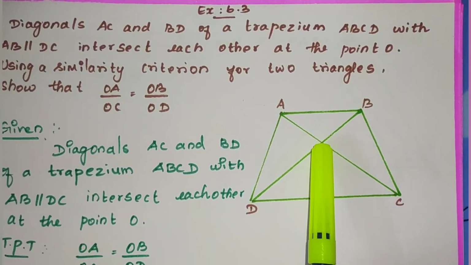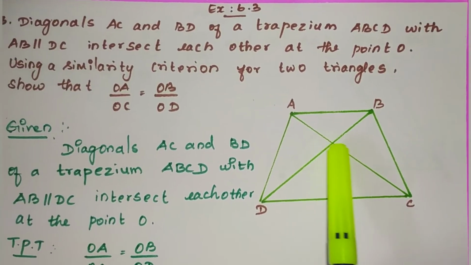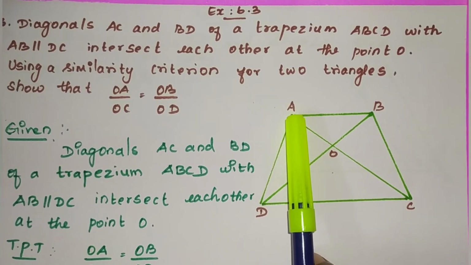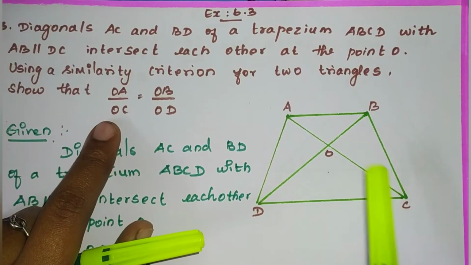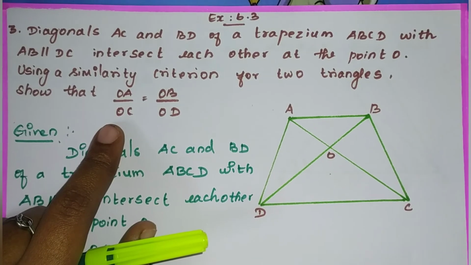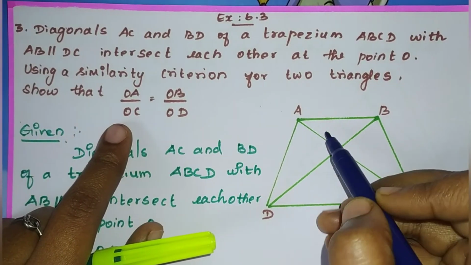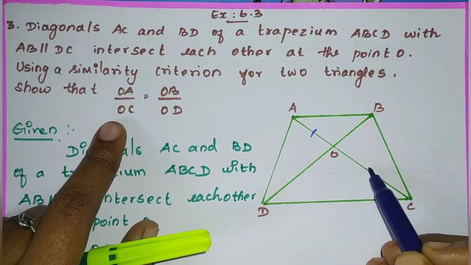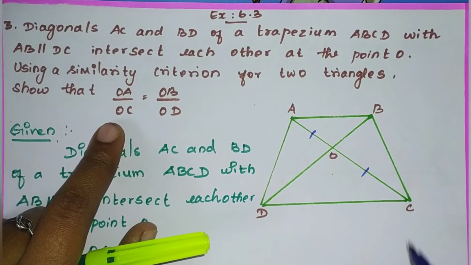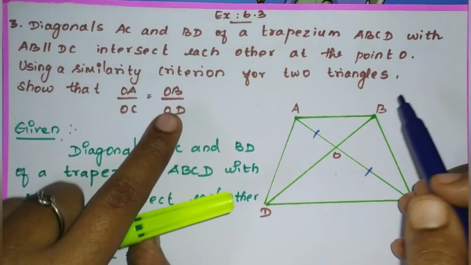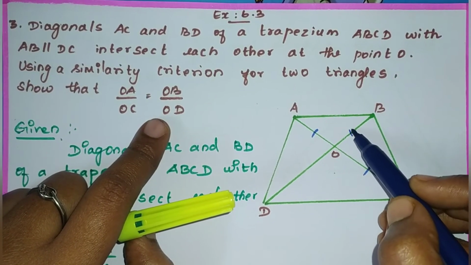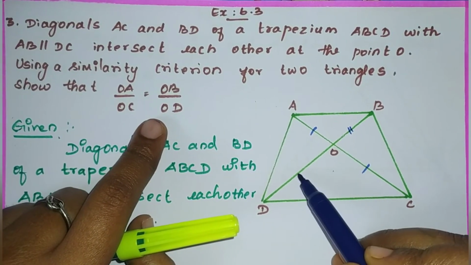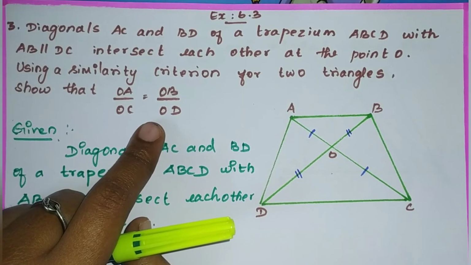So we have to identify the triangle first. OA divided by OC. So this side and this side. This side of one triangle, and another side for another triangle. And then OB divided by OD.